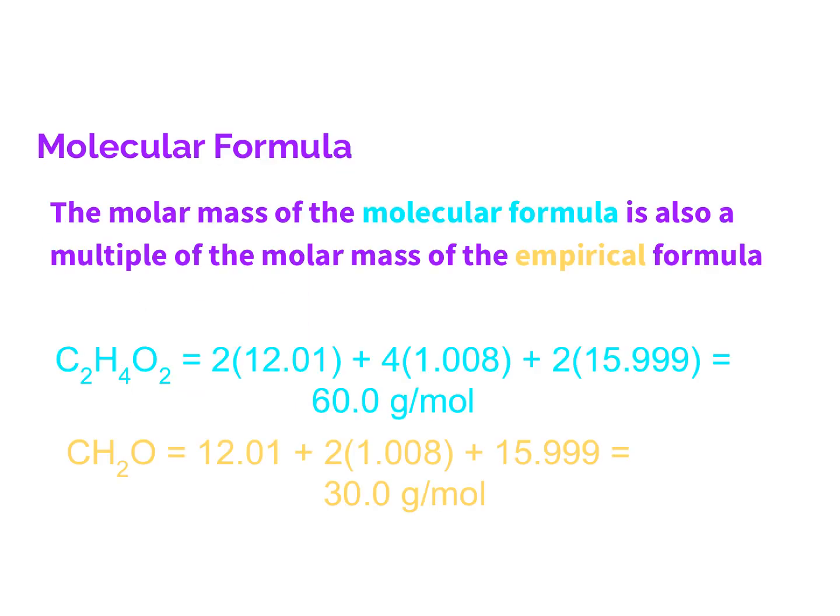Like I mentioned earlier, the molecular formula is also a multiple of the empirical formula. So here is my example. I have C2H4O2, and if you divide those all in half, we get CH2O. And you can see that my molecular formula here is double my empirical formula.